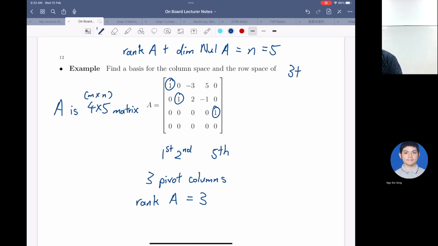So 3 plus dimension of null space of A equals 5. So in this case, this dimension of null space should be 2, right? Okay. So where do you find the 2 dimensions from in this example here? Do you have any idea where to find the 2 dimensions from? Any idea?